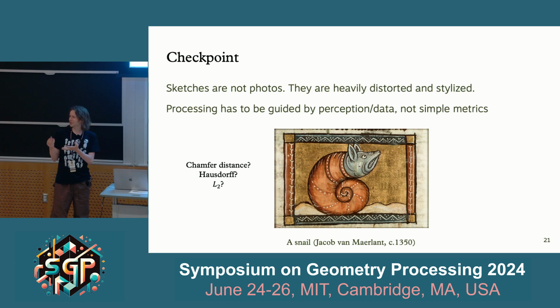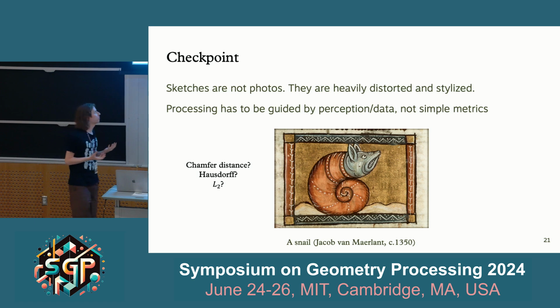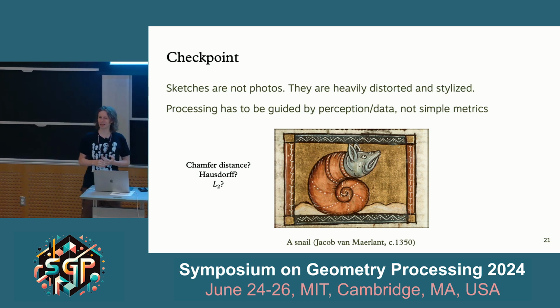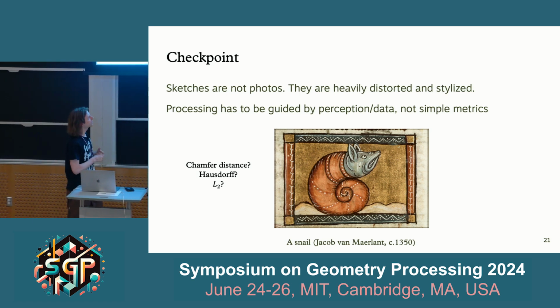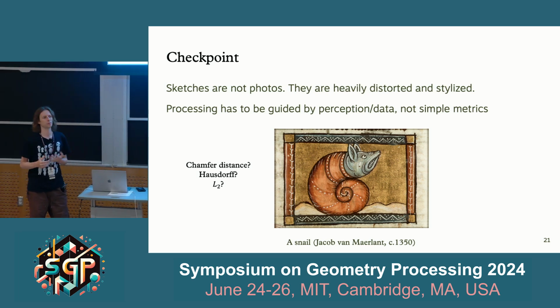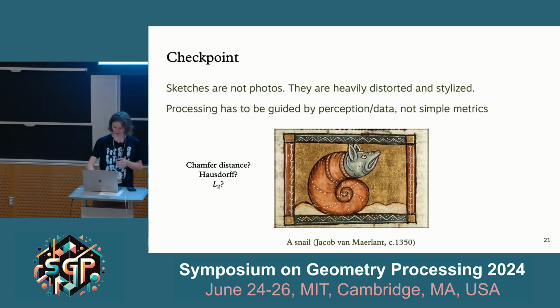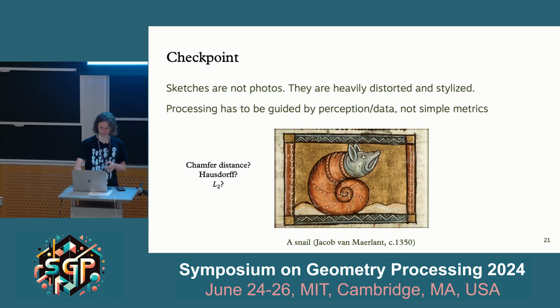It will be difficult to compare this sketch with a 3D shape using standard metrics like chamfer or Hausdorff or L2. It'll be very far off, right? So you need to have something either data-driven or perception-driven. So this is the idea. This is the weird world we're living in.